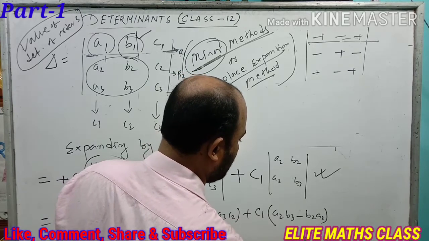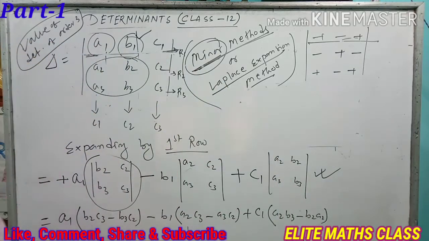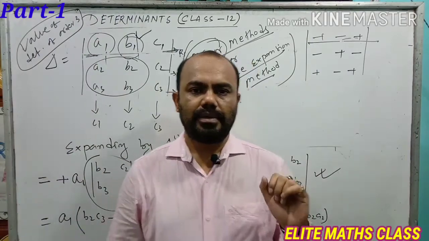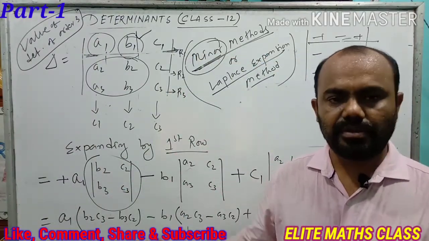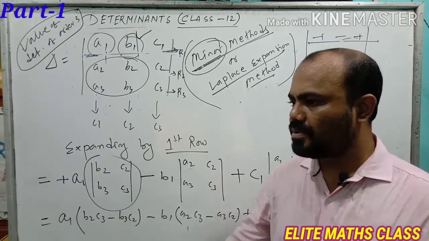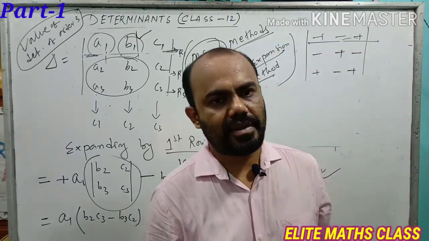This will be the final value of the determinant. So this is the process of the Laplace expansion method or minor method, the process of finding the value of a 3 by 3 determinant.